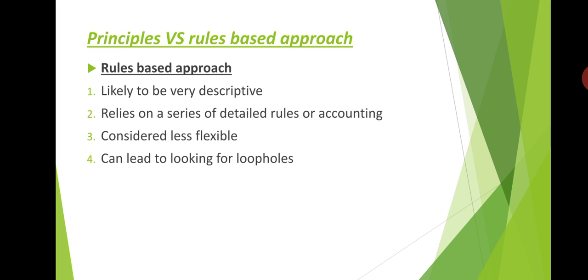The next one, considered as less flexible. Understood? So this is less flexible, but often more comparable and consistent. This is important. So rules based accounting system is more comparable and more consistent than a principle based accounting system. And next one, can lead to looking for loopholes.